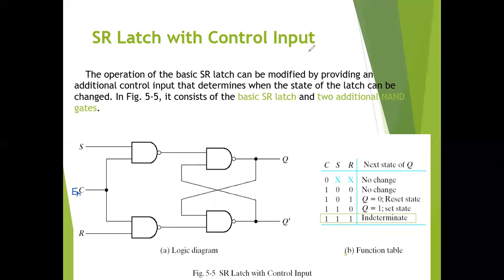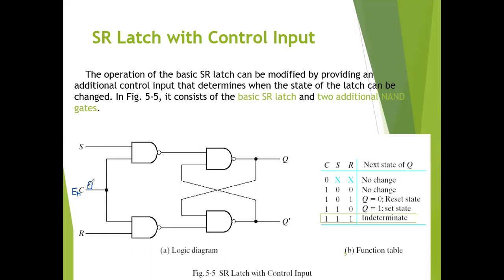So until and unless the enable signal is changed, if enable or control signal is equal to 0, the state of the system cannot be changed, and the control input has to be 1 to change the state of the system. The outputs of the NAND gates stay at logic 1 level as long as enable signal remains at 0, and this is the quiescent condition for the SR latch.